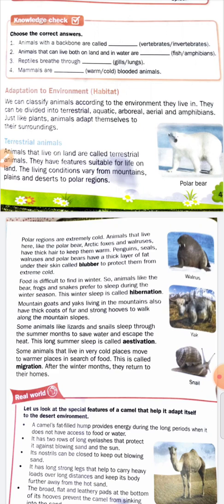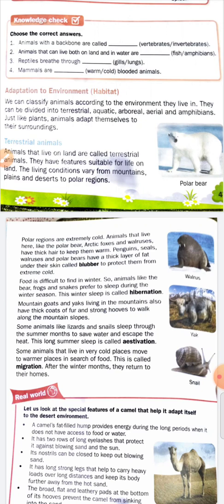and they have thick hair to keep them warm. There are other examples of terrestrial animals: penguin, seals, and a thick layer of fat under their skin called blubber to protect them from extreme cold.